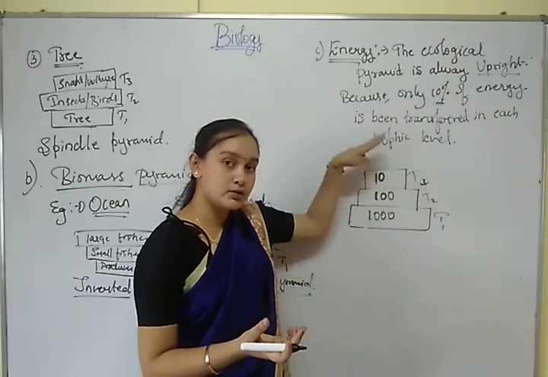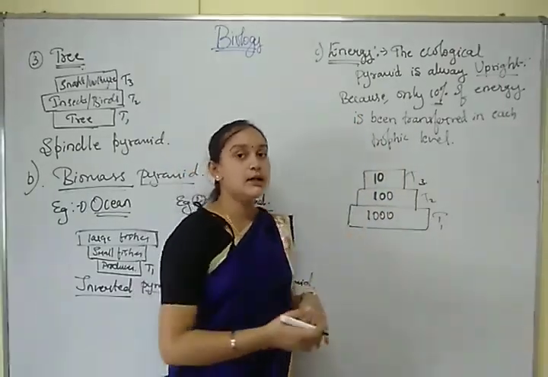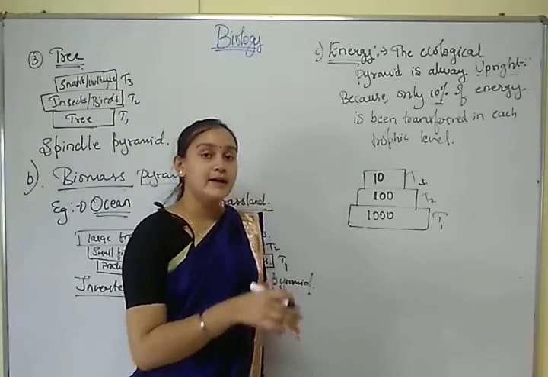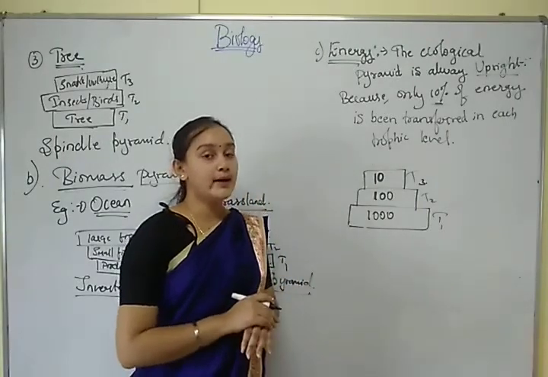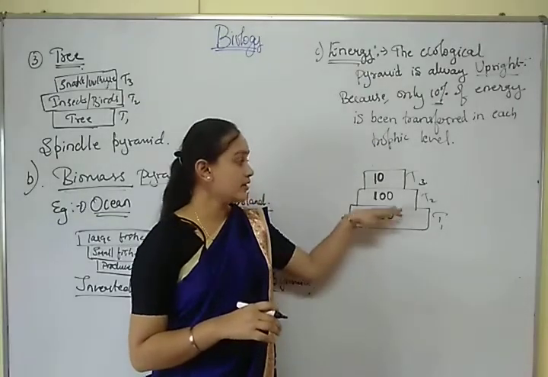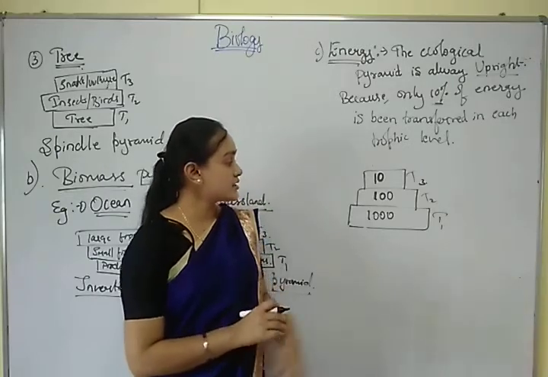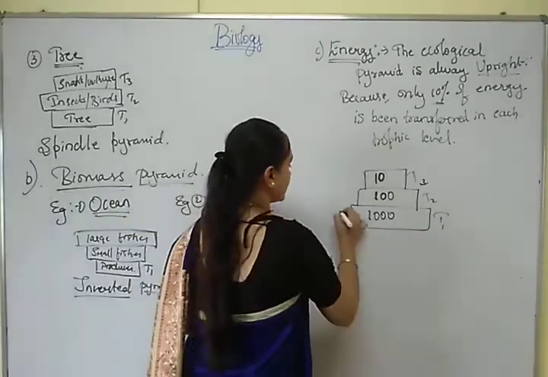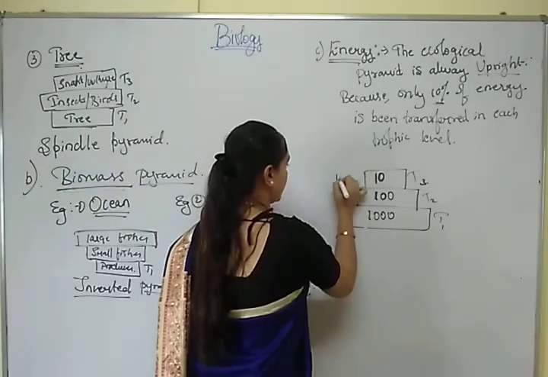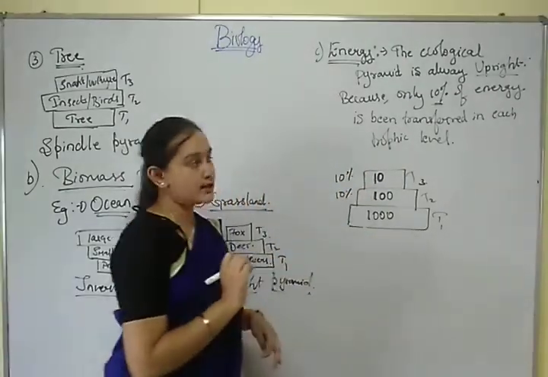As we move on to the higher trophic levels, the energy passed on at each trophic level decreases, and only 10% of the energy is getting transferred.